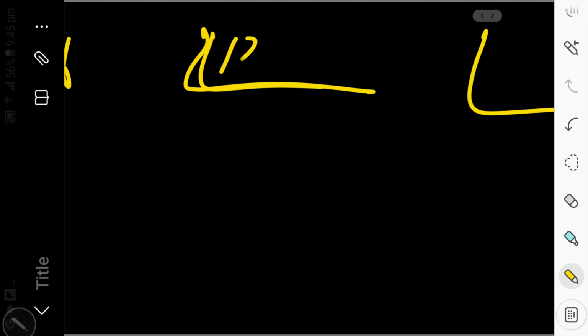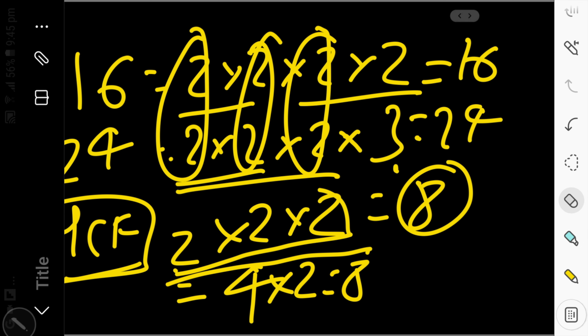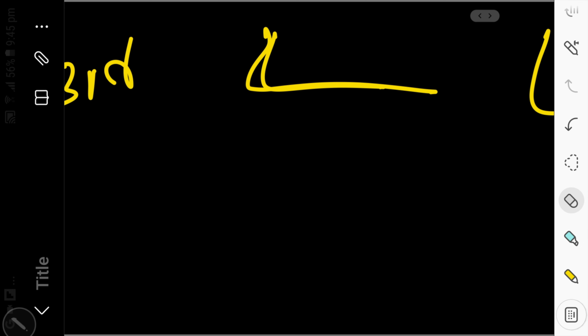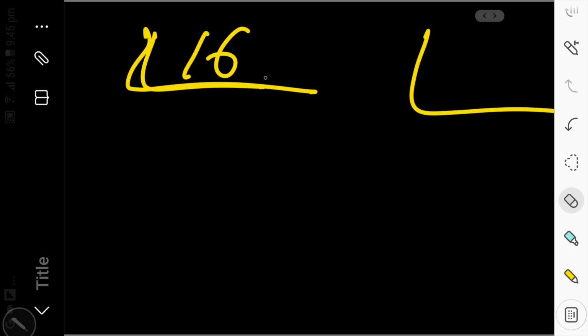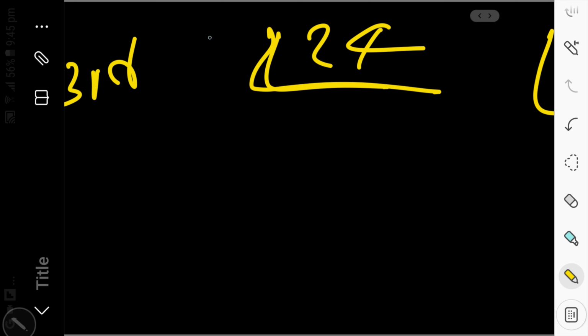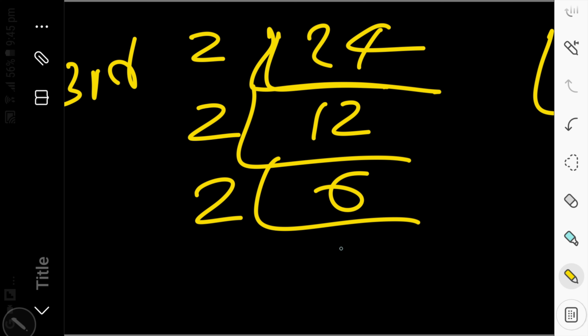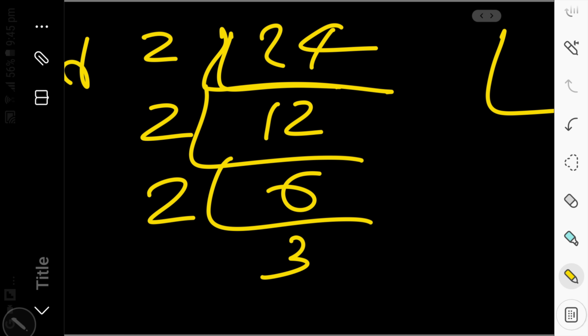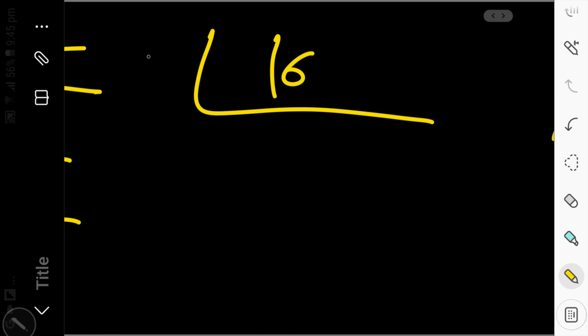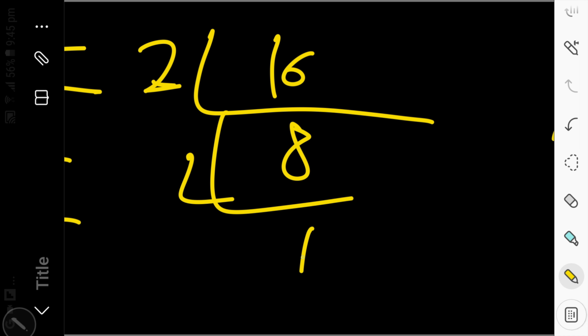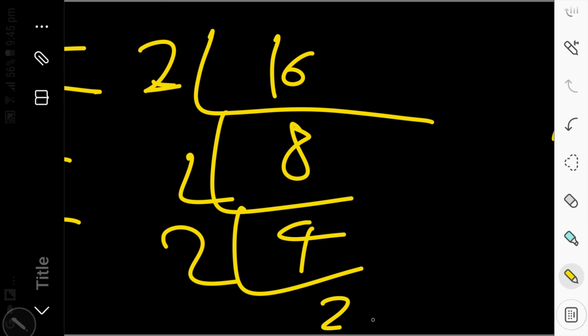So rather than writing 16 and 24 at the same time, we write them separately. 24 and 16 separately. 2 12s are 24, 2 6s are 12, 2 3s are 6, and that's it. You cannot divide more than that. Then 2 8s are 16, 2 4s are 8, 2 2s are 4.